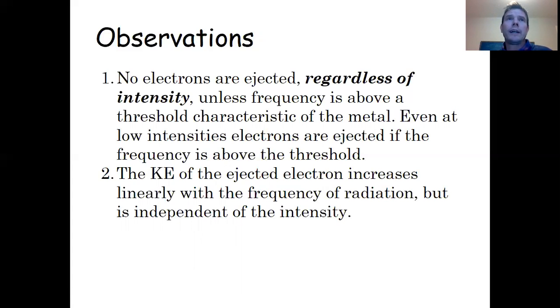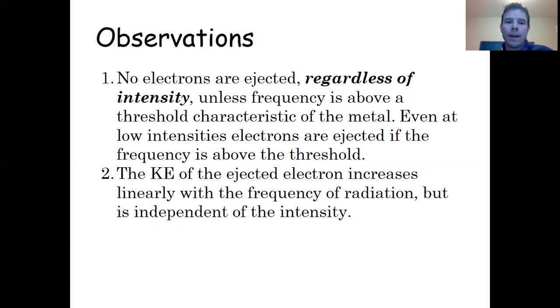More confusing, if the frequency of light is above that threshold, I can eject electrons with really low intensity light. So I keep the intensity really low, but as long as I'm above that threshold, you can still kick them off.